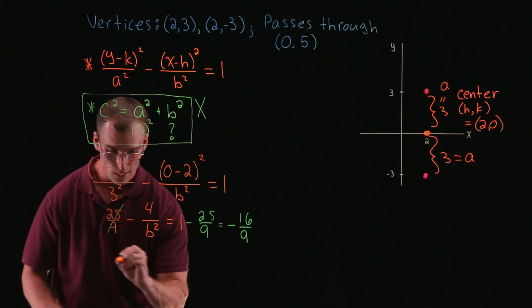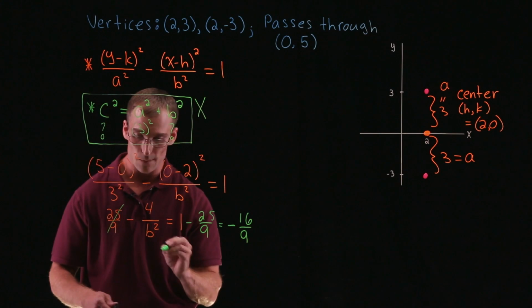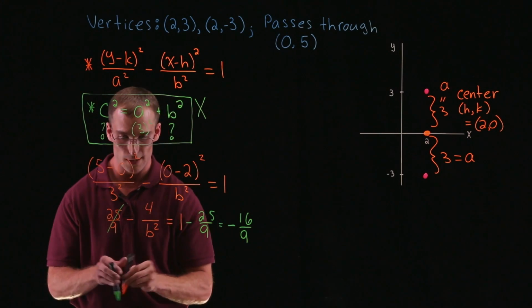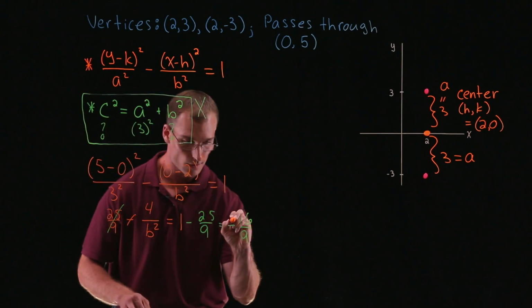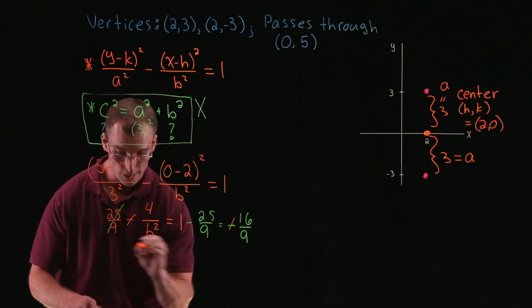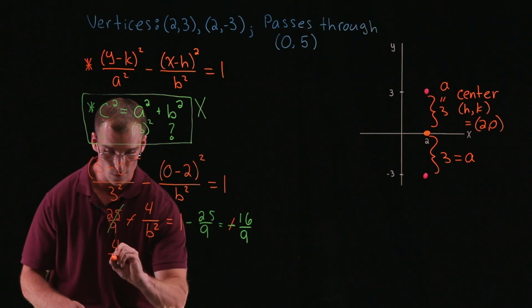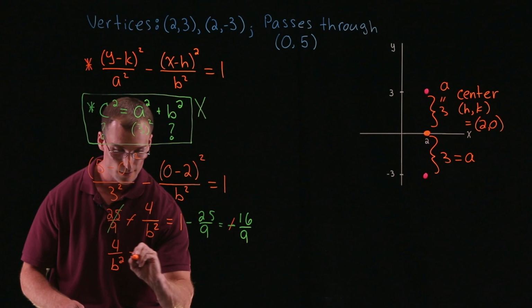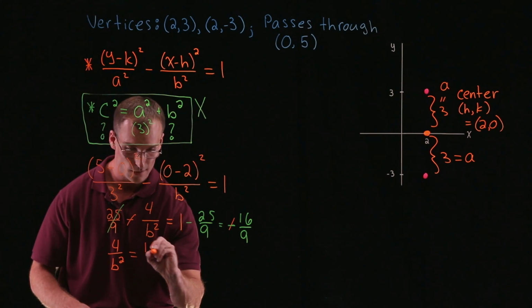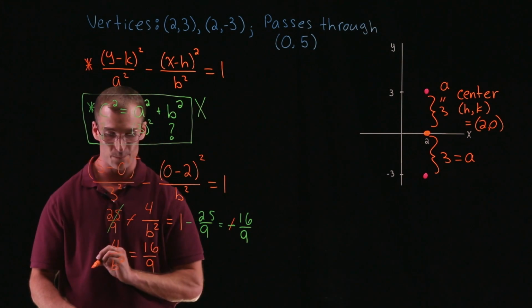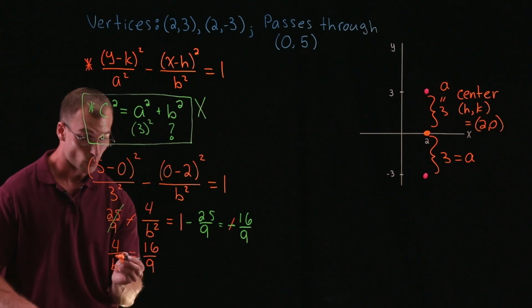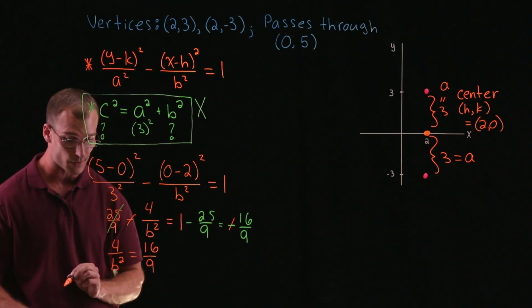And lastly, before we go on, the two negatives can cancel. So to clean it up, we have 4 over b squared is equal to positive 16 over 9. Okay, so I want to get b squared in the upstairs position.